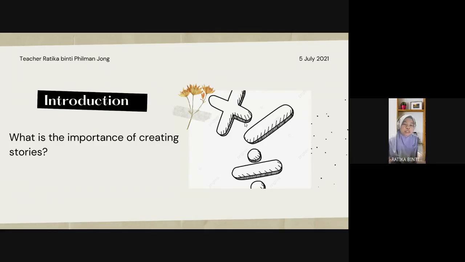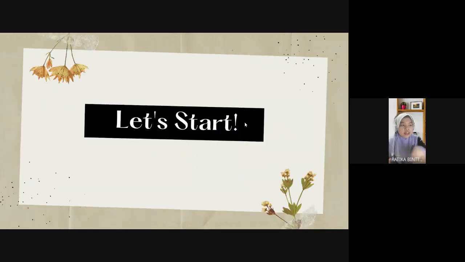Okay, mostly in problem solving yang cikgu bagi ayat panjang-panjang tu, kalau nak selesaikan masalah tu, you need to understand what is the story in the problem solving. So in order to understand the story inside the problem solving, you need to know how to create stories. Okay, and skills in creating stories ini will help you to understand the problem. Okay, and next one, let's start.